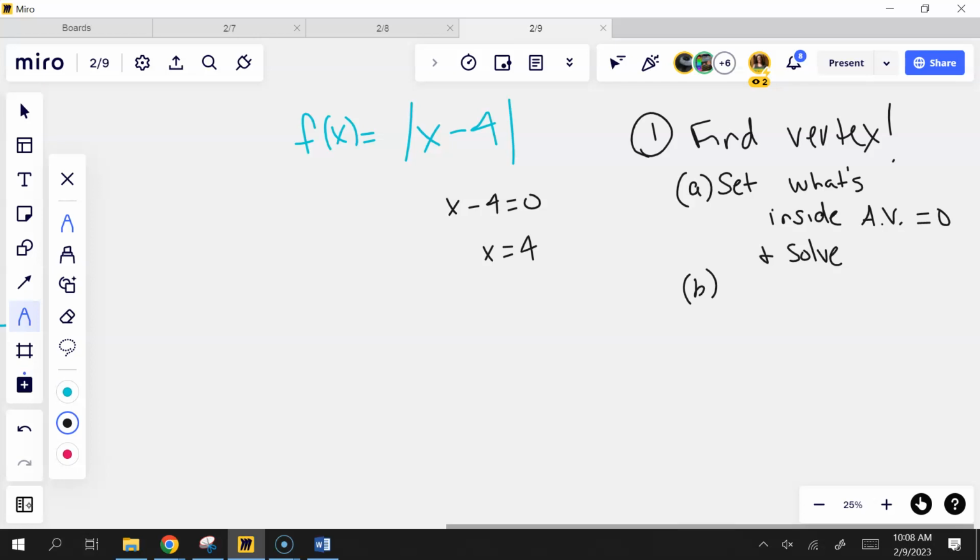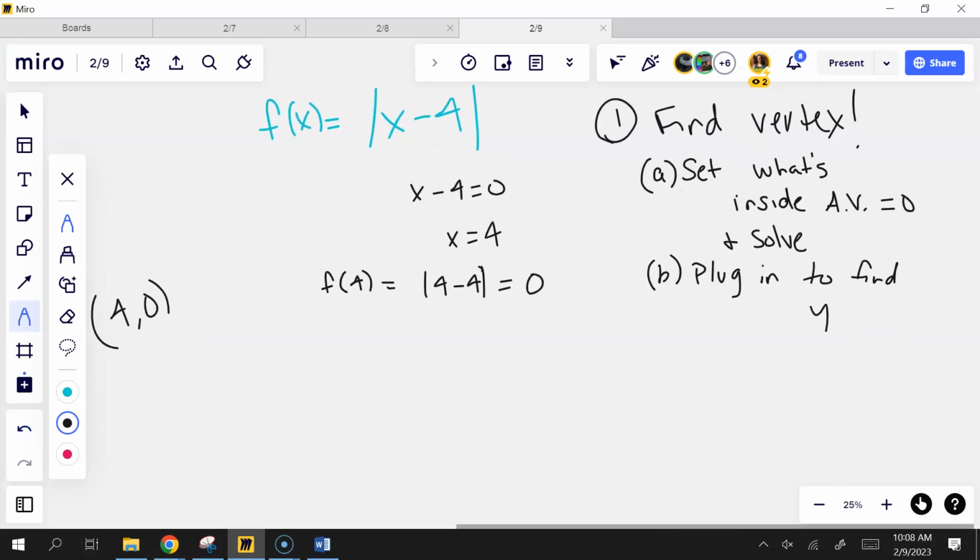But just so that this fits any scenario, plug in and find y. So what is f of 4? Well, it's 4 minus 4, which is 0. So my vertex here is 4, 0. Everybody okay there?